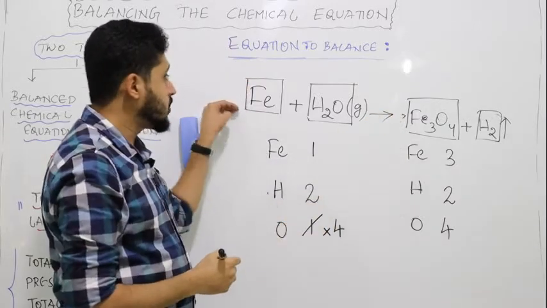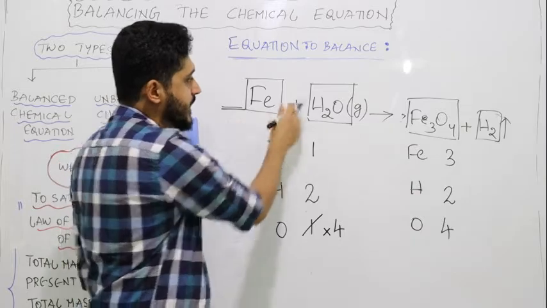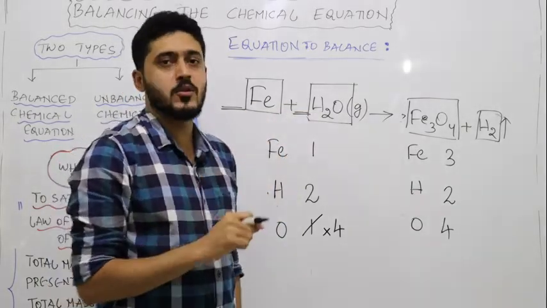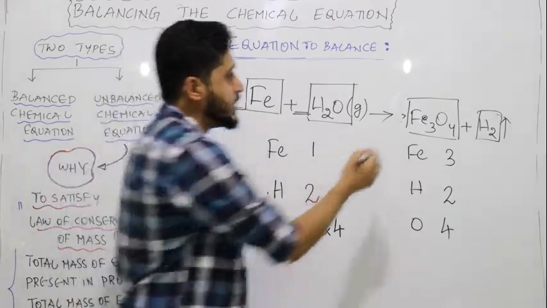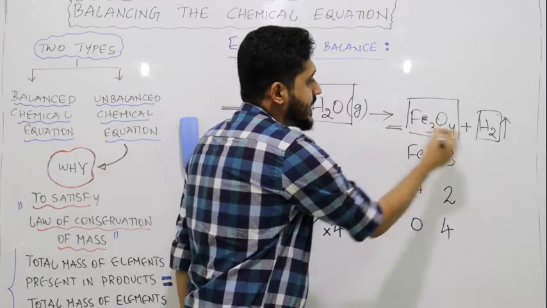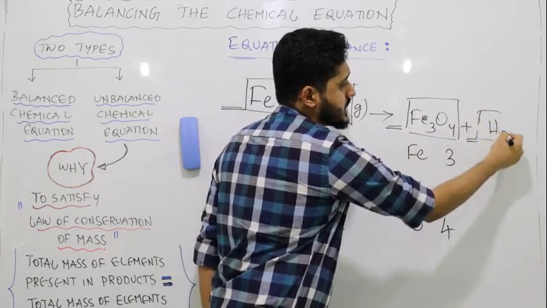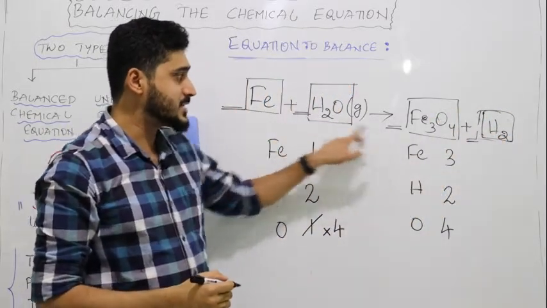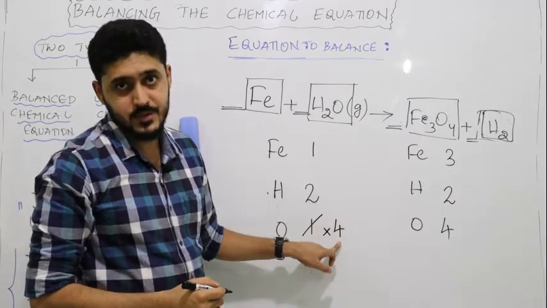Now whatever the multiplied number is, you have to always put it as a coefficient. That means in front of that element, molecule or compound, whichever is written, you have to put that number as a coefficient. Wherever I had put this double dash, it is a place where you have to put the multiplied number.